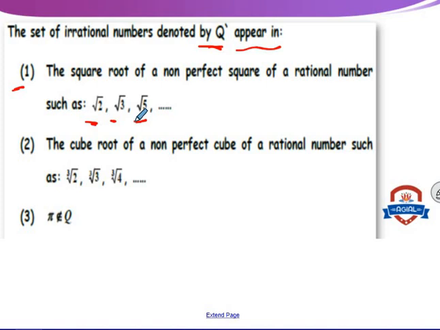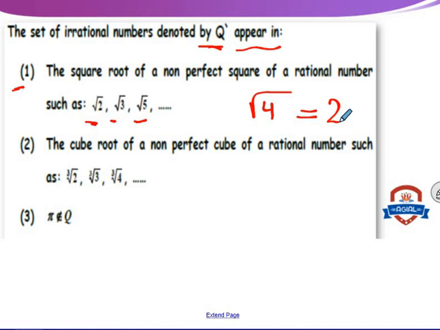It's an irrational number. But if we have the square root of 4, it will be 2, so this is a rational number. But if we have the square root of a non-perfect square, it will be an irrational number, okay?